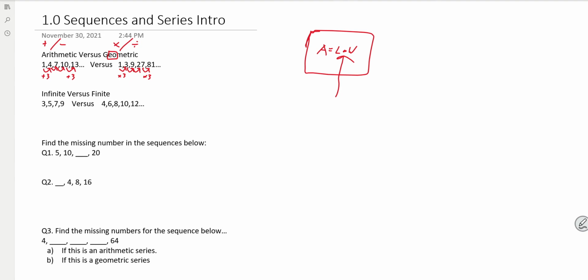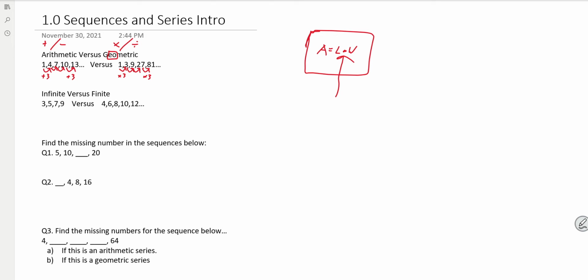So just keep those in mind separately. We're going to be starting in the next lesson with arithmetic, as well as looking at some comparisons down below. But anyways, let's also look at infinite versus finite.